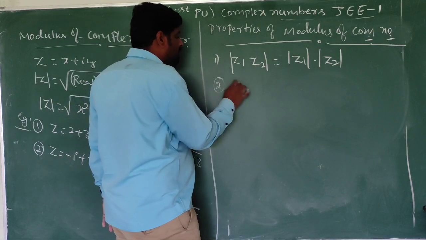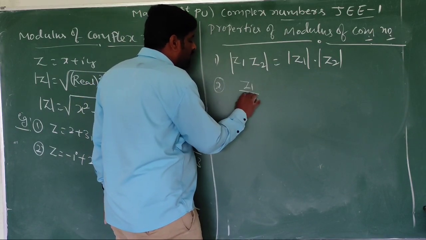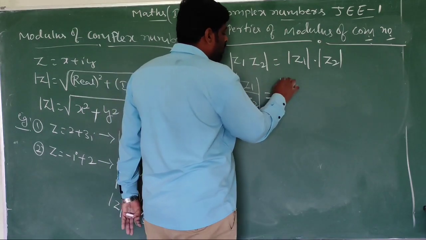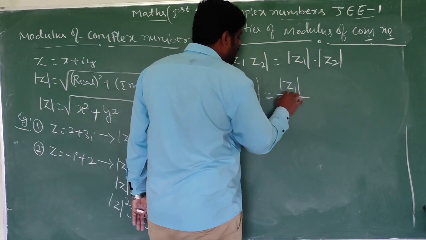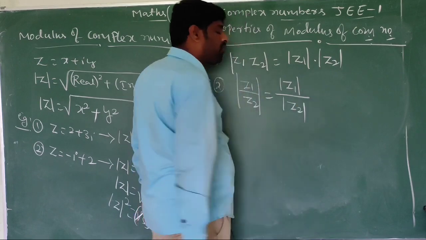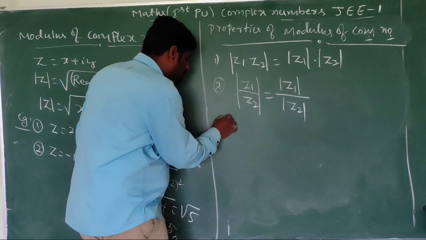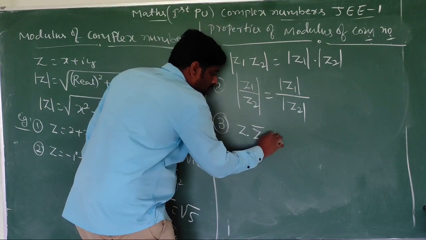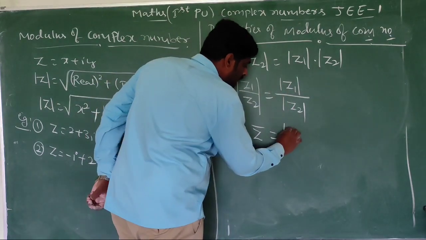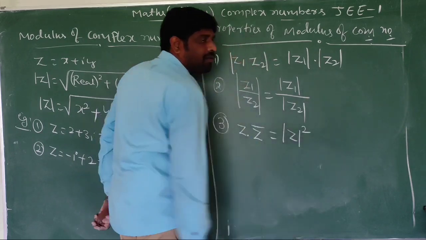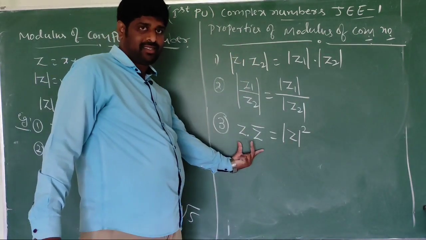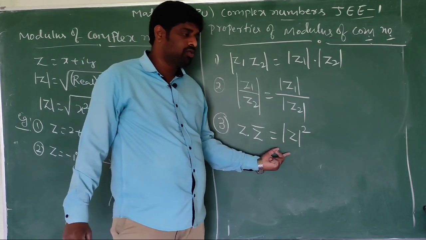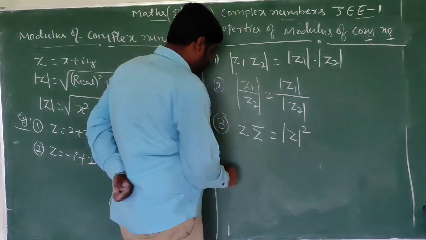Second property is, modulus of Z1 divided by Z2 equals modulus of Z1 divided by modulus of Z2. Third property is Z into Z bar equals modulus of Z squared. Already I discussed this property in conjugate. Z into Z bar equals modulus of Z squared.